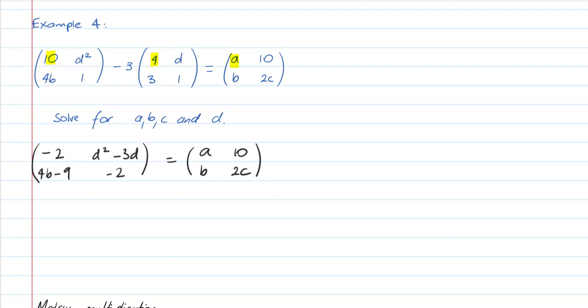So starting with yellow, what this means is that negative 2 is equal to A. So I get up here A equals negative 2. And this is my yellow one. And then in green I get d squared minus 3d is equal to 10. So this is my tricky one. So I'll just denote that this is the green one, and then we'll go ahead and solve it.